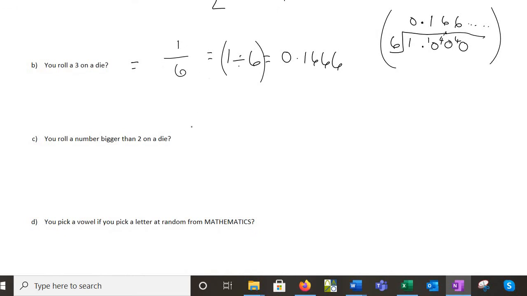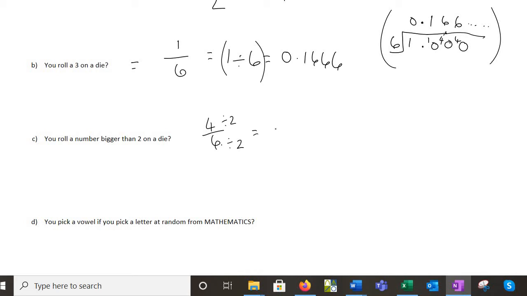You roll a number bigger than 2 on a die. Well, how many numbers are there that are bigger than 2? There's 4 of them: 3, 4, 5, and 6. So we've got 4 out of 6. And remember, whenever you've got a fraction and both numbers are in the same times table, you can simplify it.